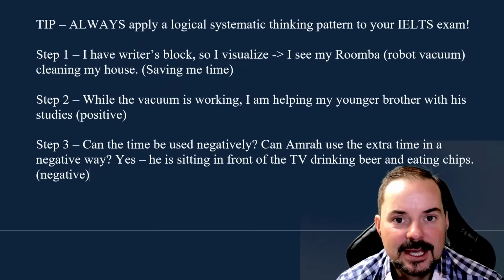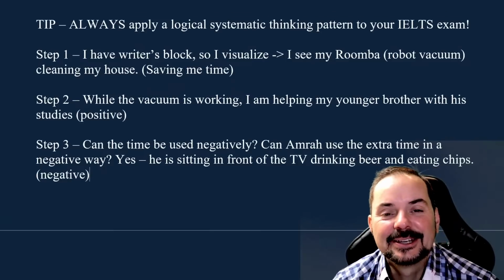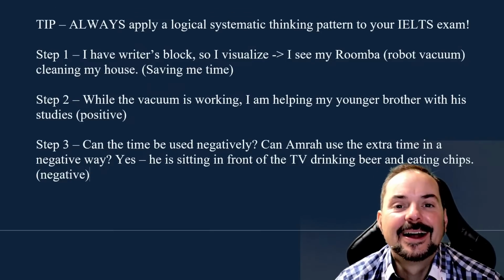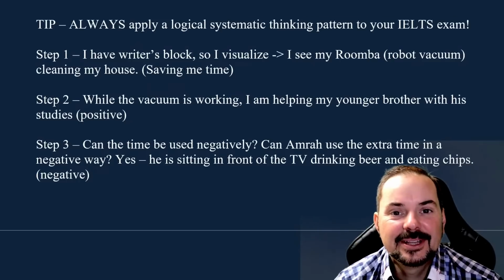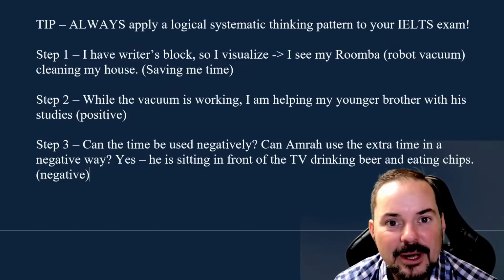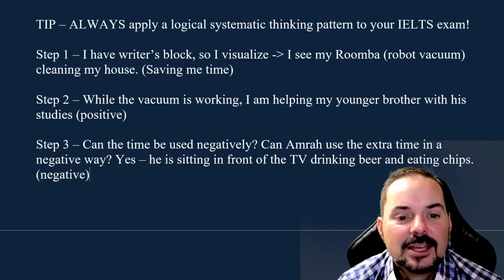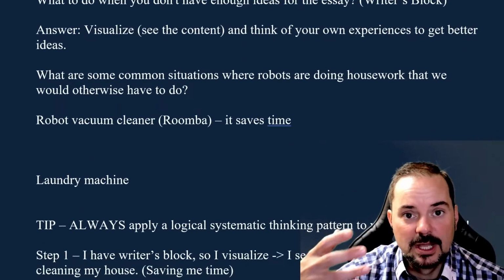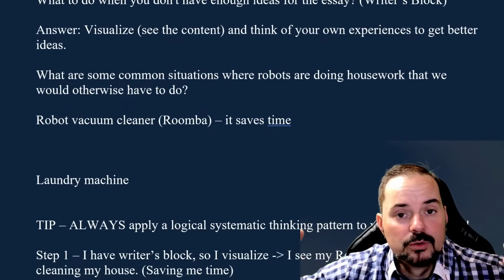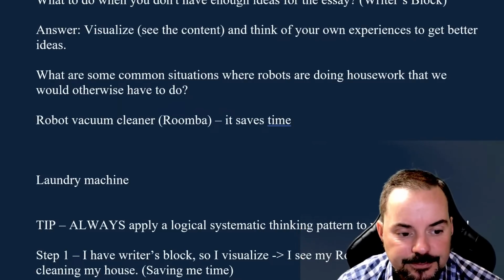So the concept of whether robots helping humans in work and at home, whether it's a positive or negative, really kind of depends on what people do with the time and the energy, right? So here now, MTJ, when you're able to visualize and you take situations from your own life, so Anahita says it could also be the washing machine, right?